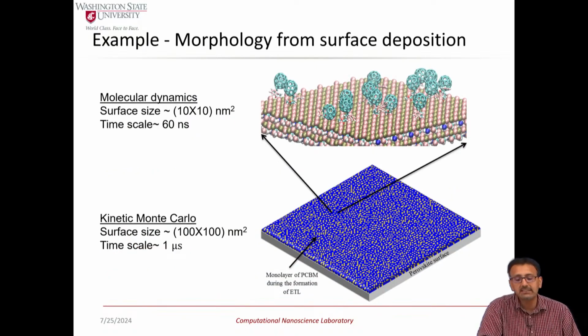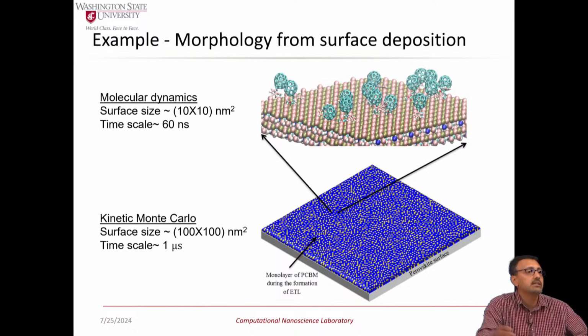Okay, so one example that I will present continues the discussion we had on Wednesday of the molecular deposition process happening on a perovskite surface. What we saw from that calculation at the atomistic level is we were only able to look at a handful of atoms or molecules depositing on the surface.